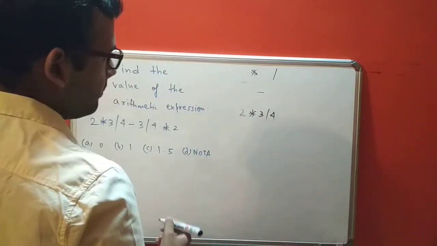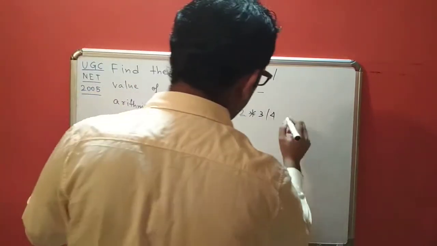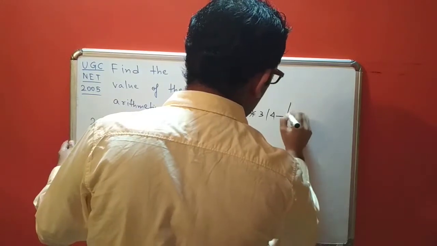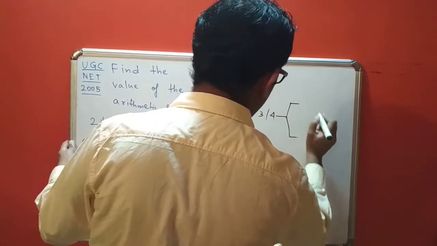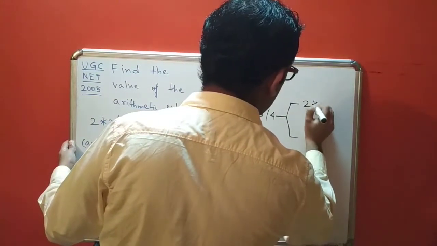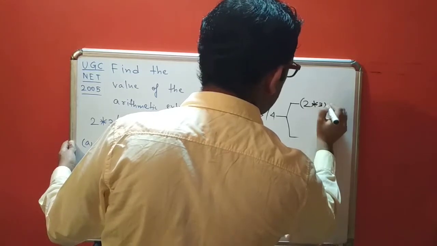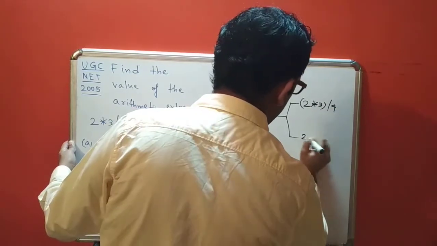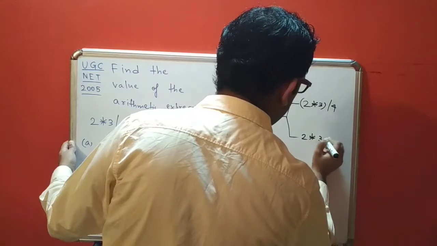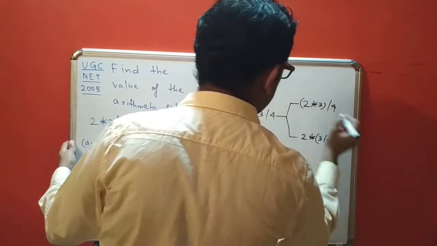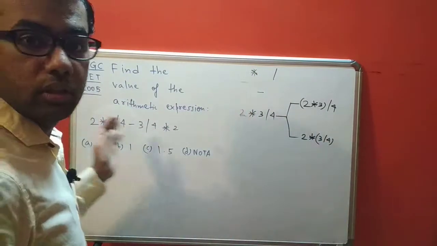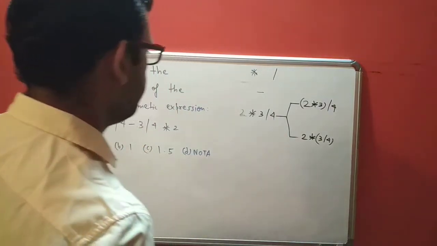Now I am presented with a dilemma. Which order should I evaluate? Should I do 3 divided by 4 first, or should I do 2 star 3 first? Which approach should I take?